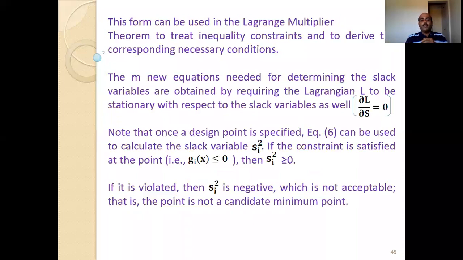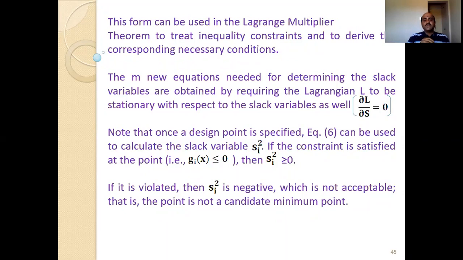This form can be used in the Lagrange multiplier theorem to treat inequality constraints and to derive the corresponding necessary condition. In the last class, we discussed the Lagrange multiplier, and we can treat this form of inequality constraint and derive the corresponding necessary condition.